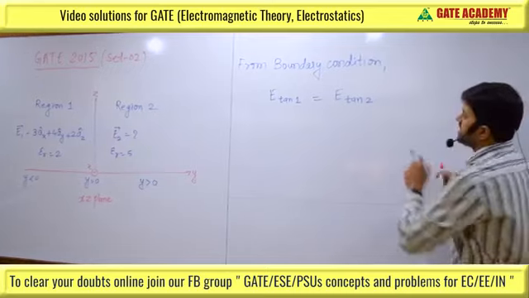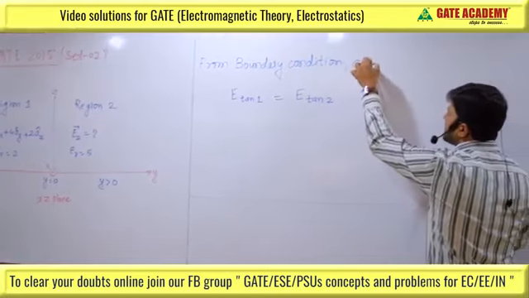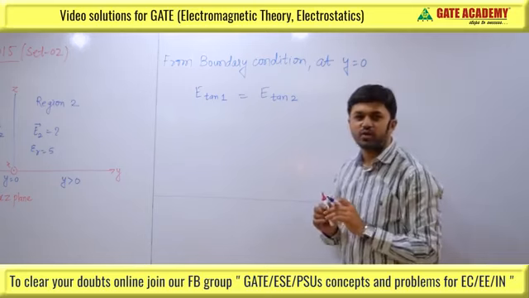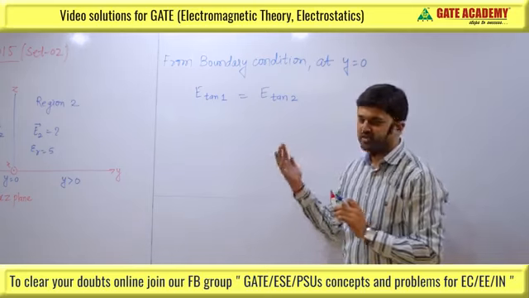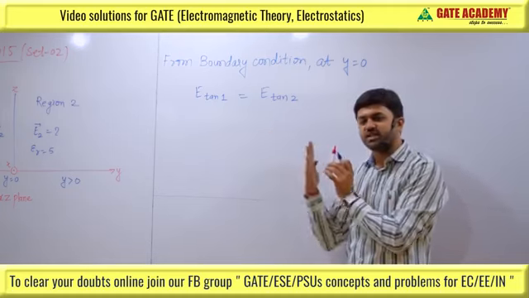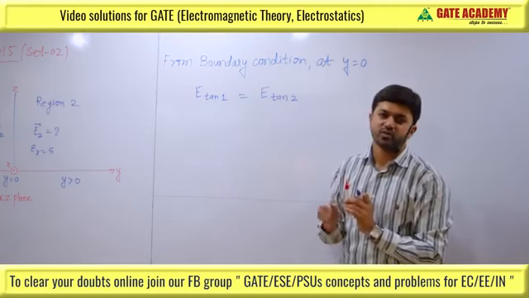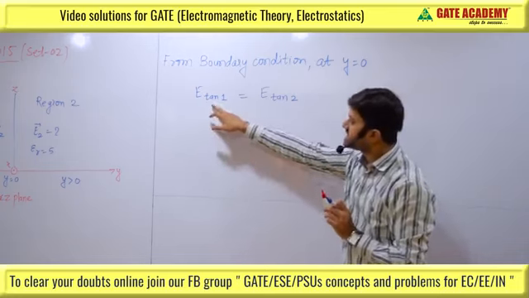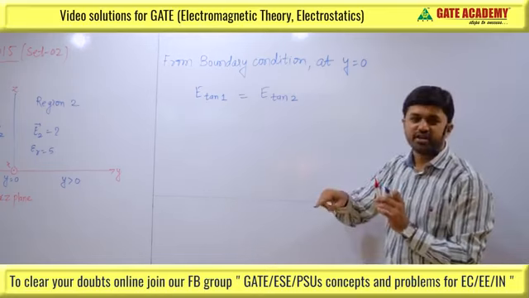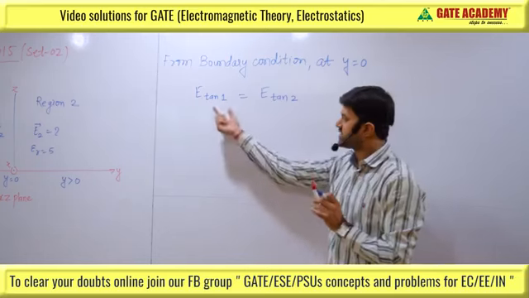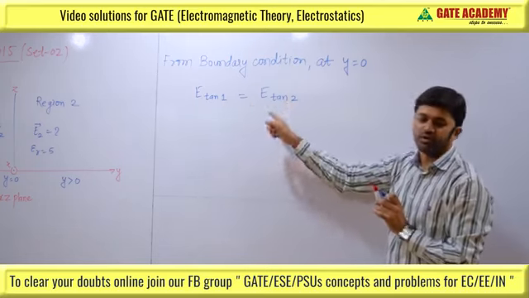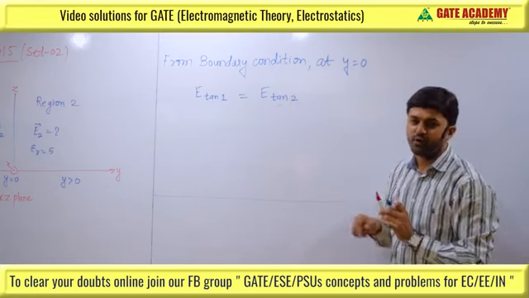At the boundary, and the boundary here is y equal to 0 or the xz plane, the plane which divides the two regions. So the tangential component at the boundary, at y equal to 0, of electric field is the same as the tangential component of electric field in region 2 at the boundary.